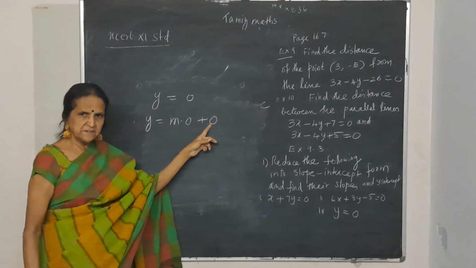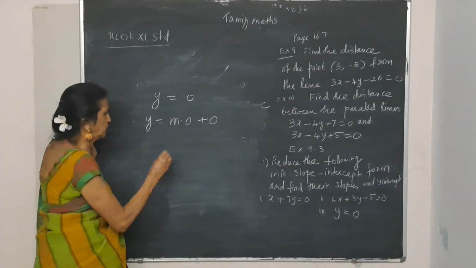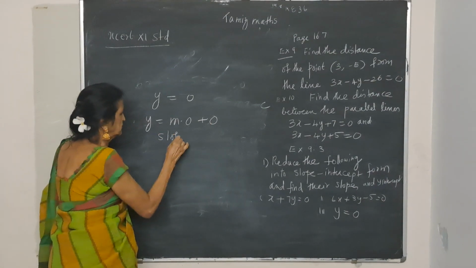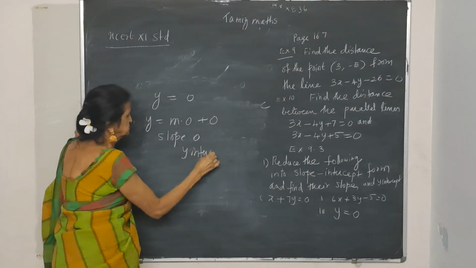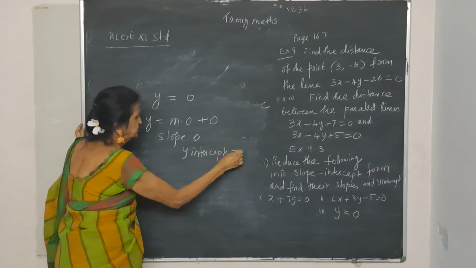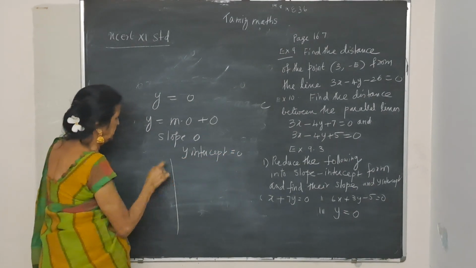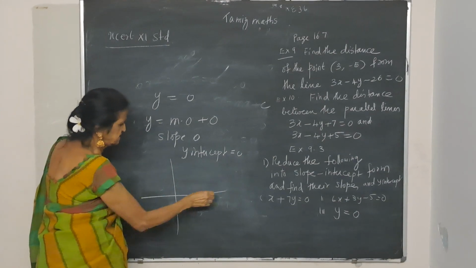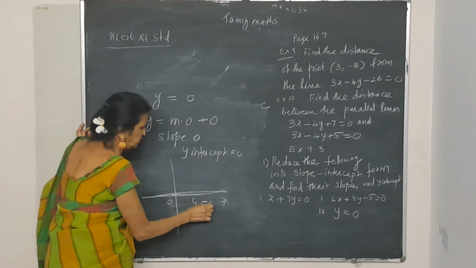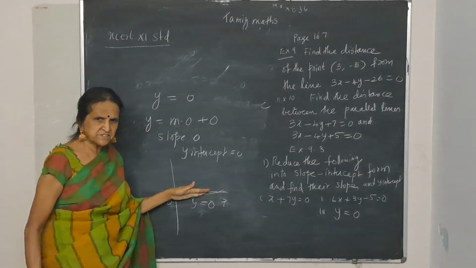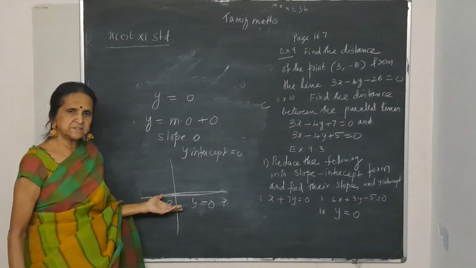And what is the y-intercept? That is also 0. So slope is 0 and y-intercept is also 0. And now if you want a geometrical way, y equal to 0 is the x-axis. So the slope of this is 0 and there is no y-intercept at all.